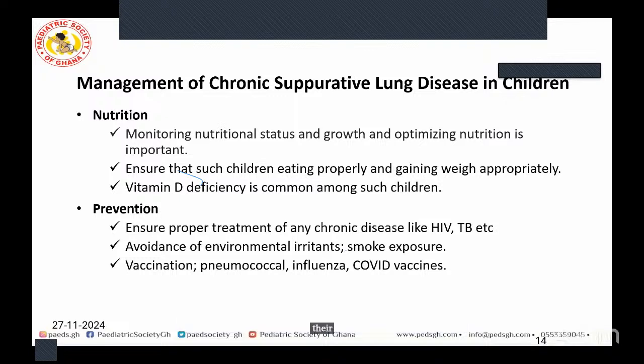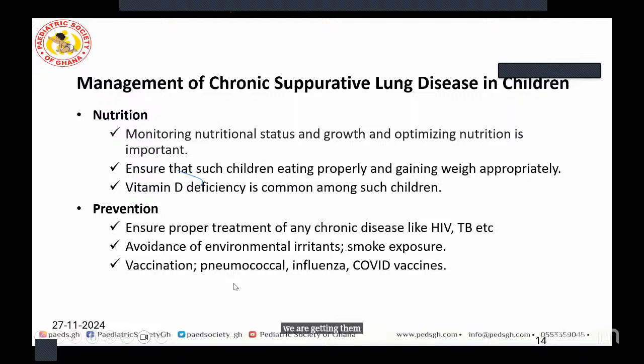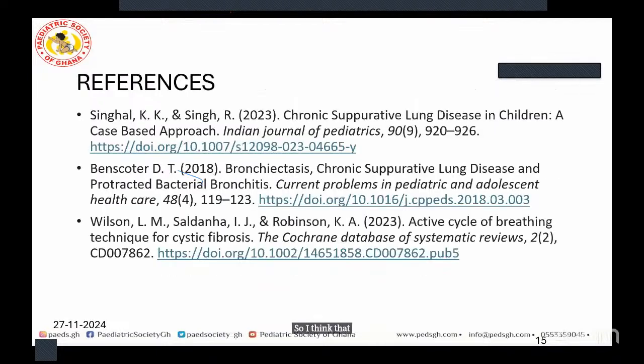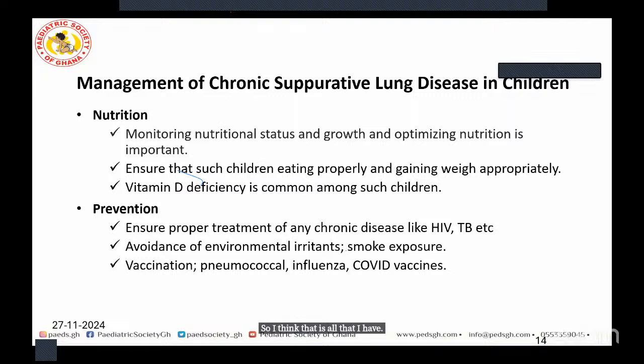So we want to make sure that we are getting them vaccinated and protecting them from such viruses or bacterial infections. So I think that is all that I have. I'll give it back to the moderator.